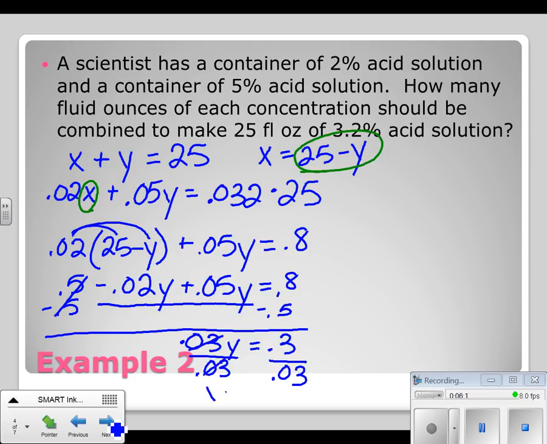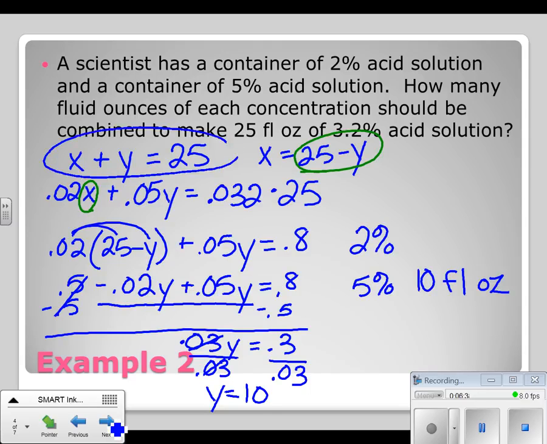We're left with y is 10. So if y is 10, that's our 5% solution. So for our 5% solution, we would need 10 fluid ounces. And then our other solution, x, which is the 2% solution, we know up here, if y is 10, then our x would have to be 15 fluid ounces.